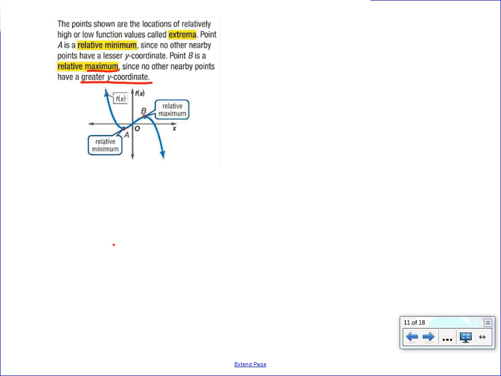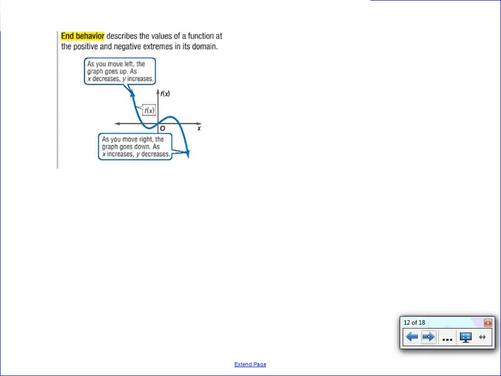So maximum goes with the greatest y coordinate. The relative minimum goes with the lesser y coordinates. Again, pretty self-explanatory. If I were taking notes, I would draw these pictures on each of these graphs and label these points, so you have a picture for the term. If you need to, go back and do that if you didn't do it on the other two graphs.